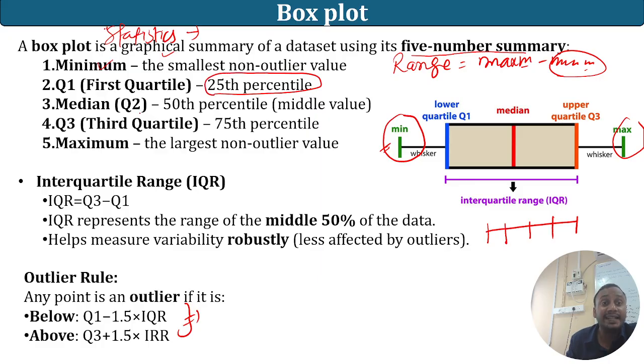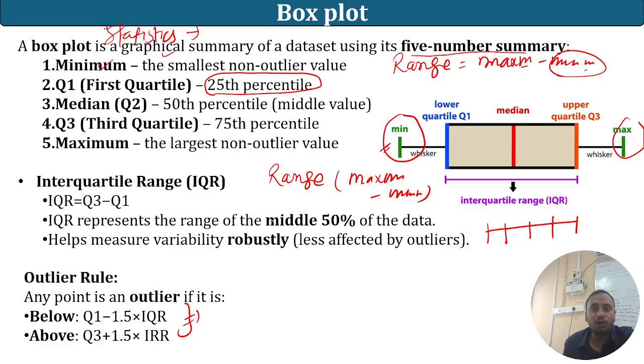The second one is the median, the value that divides the data set into two parts, right at the middle. Then we have Q3, the 75th percentile, three-fourths of the data. Then the maximum value. The range is the maximum minus the minimum.